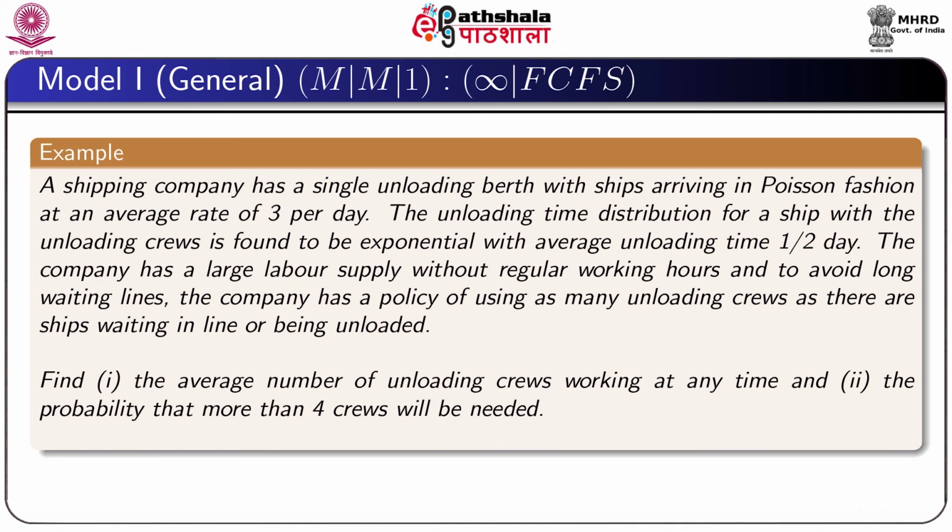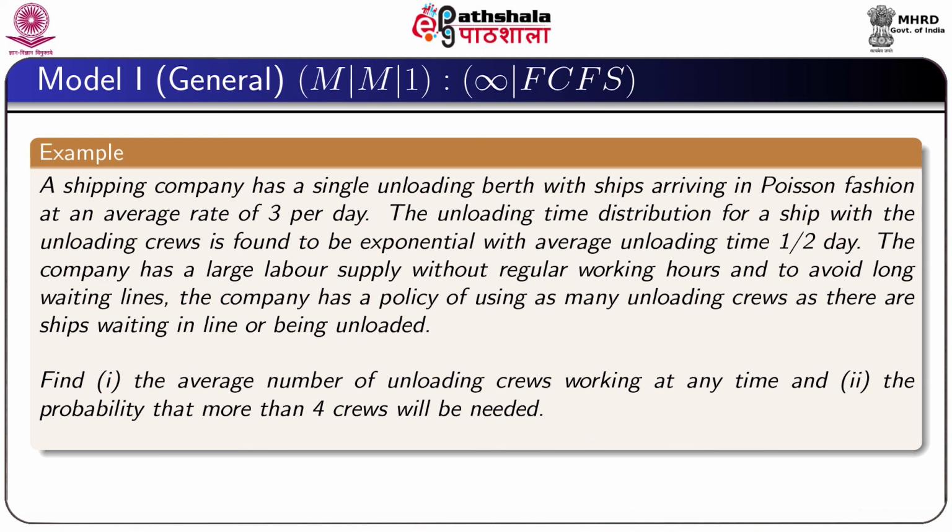A shipping company has a single unloading berth with ships arriving in Poisson fashion at an average rate of 3 per day. The unloading time distribution for a ship with the unloading crew is found to be exponential with average unloading time half day.